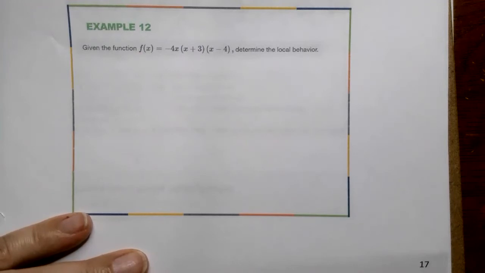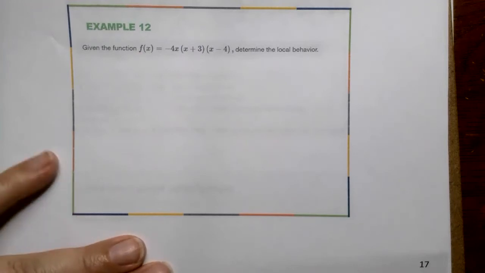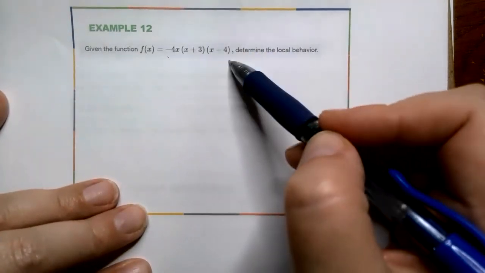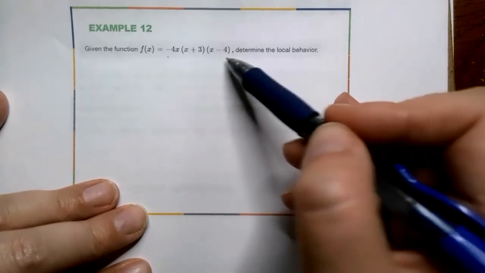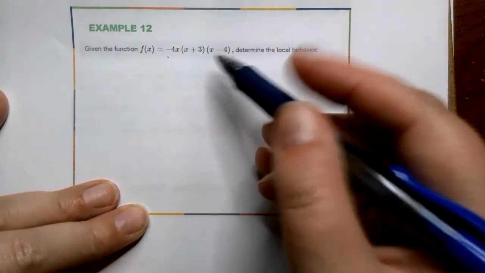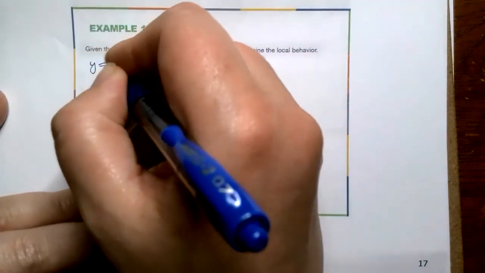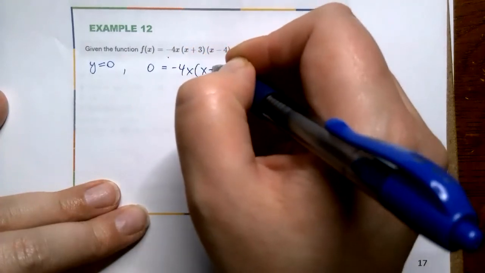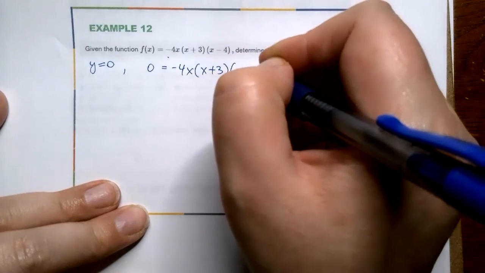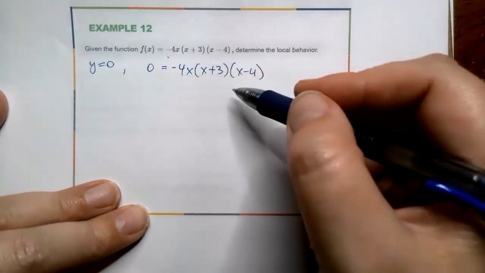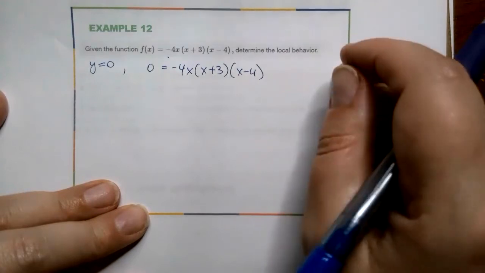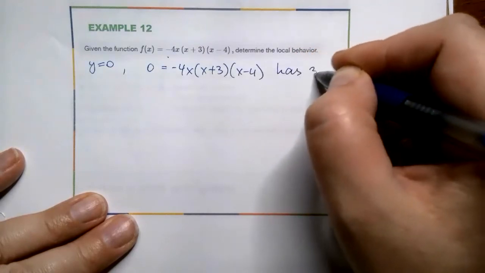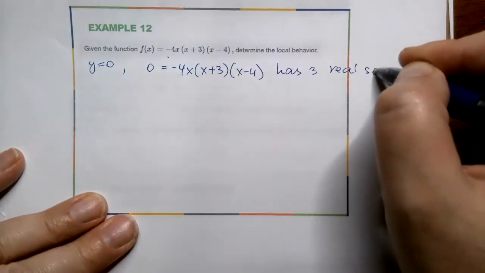Okay, so what can we say about this function? Well, fortunately, it's already factored, and we see that if we plug in y equals 0, we're going to have 0 equals negative 4x times the quantity x plus 3 times the quantity x minus 4. So this equation will have 3 real solutions.